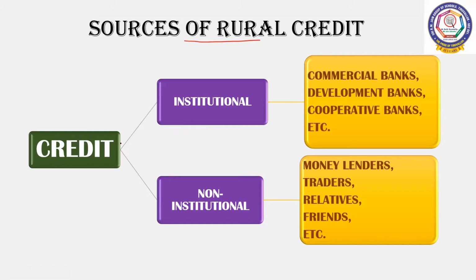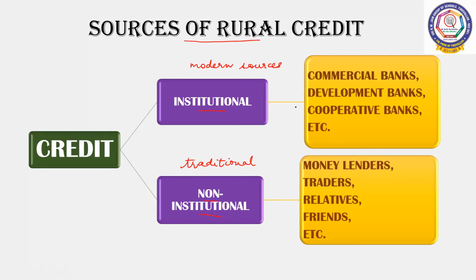The credit facilities in rural areas can be classified into institutional and non-institutional sources. The institutional sources are the modern sources, whereas the non-institutional sources are the traditional sources of credit.